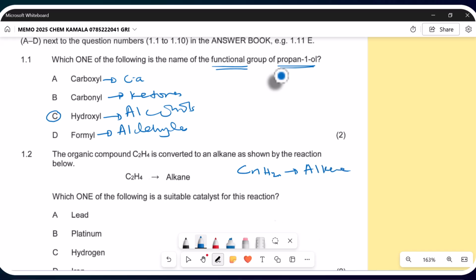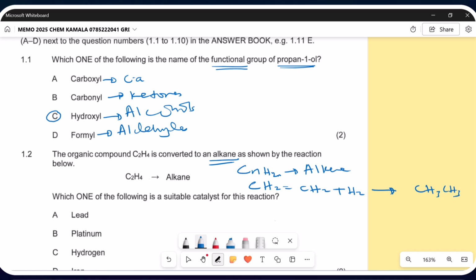Because of two carbons here, it is ethyne. Because we want to get an alkane, we add hydrogen to give us the alkane, which is ethane.